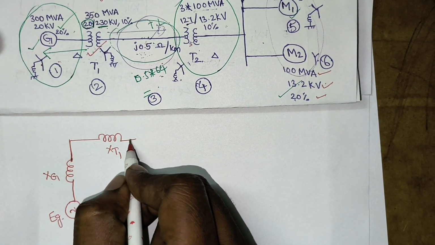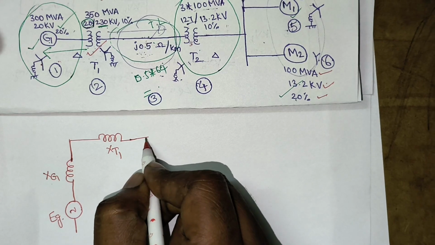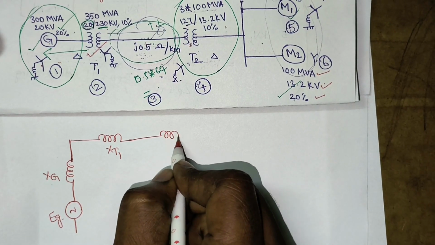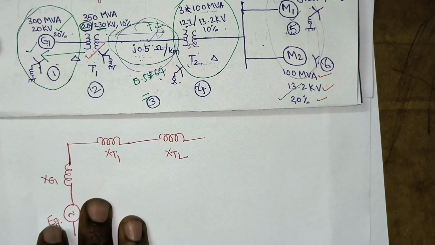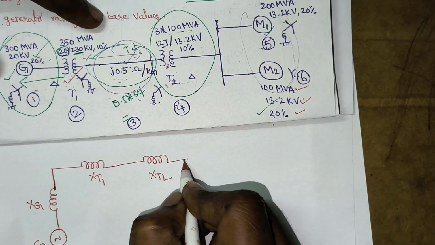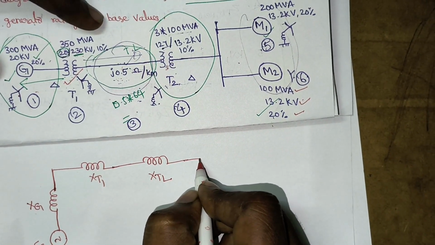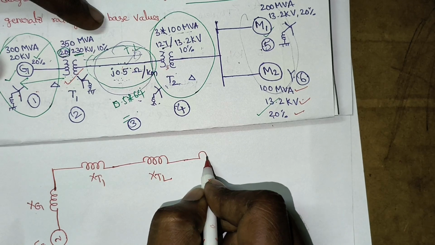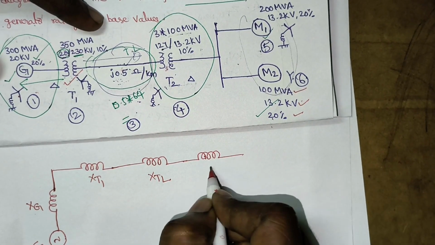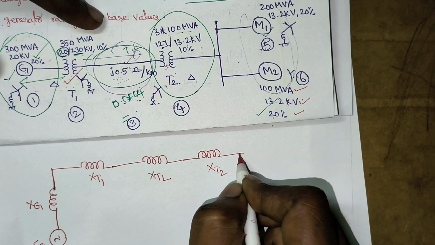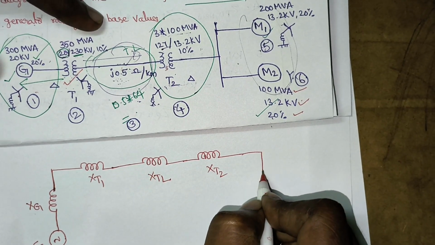Next, the transmission line. This is XTL. Next, one more element, transformer 2, that is XT2. And finally, the two loads are there.